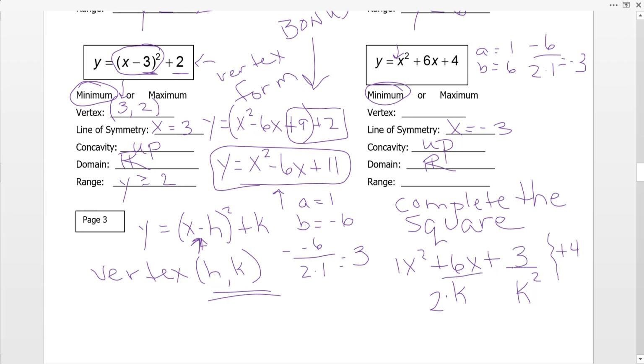So I'm going to go ahead and put in a 3. 3 squared, oh no, I'm not. 3 squared is 9. 2 times k is 6. So I end up with 1x squared plus 6x plus 9. I didn't need to rewrite that. Okay, so I end up with 1.